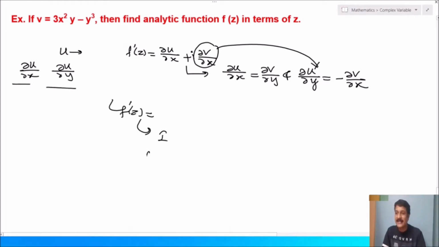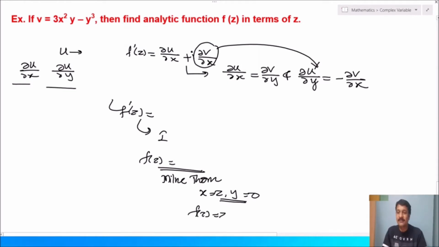Then integrate it to get f of z, and then apply Milne-Thomson's method. What is Milne-Thomson's method? That is x equal to z and y equal to 0. You will get f of z in terms of z.